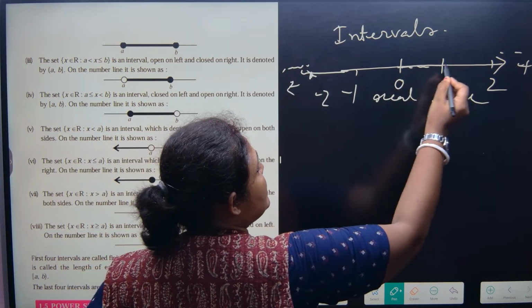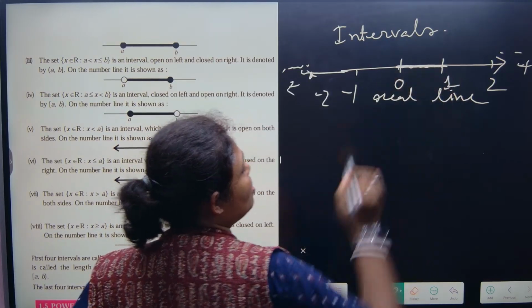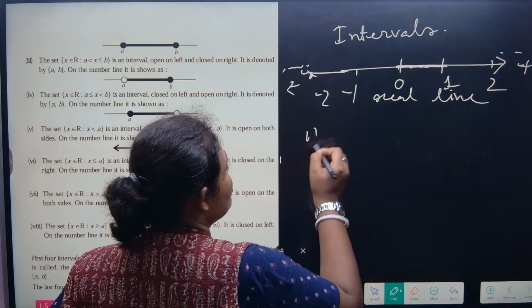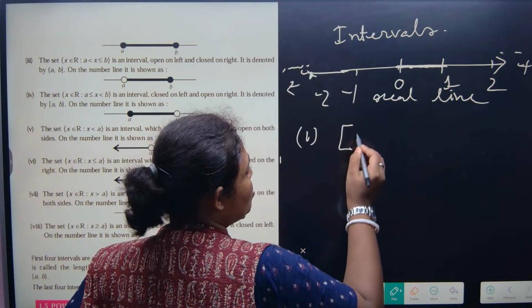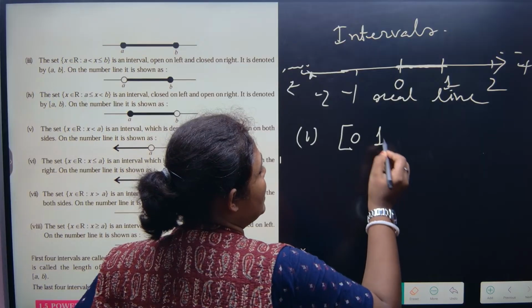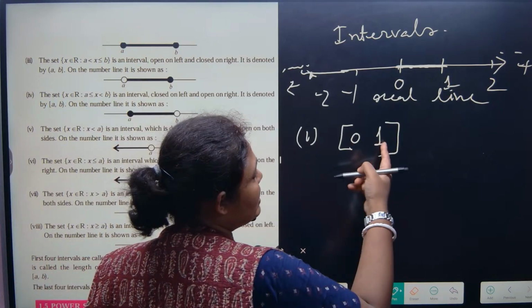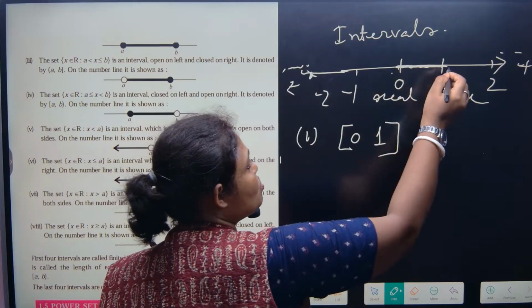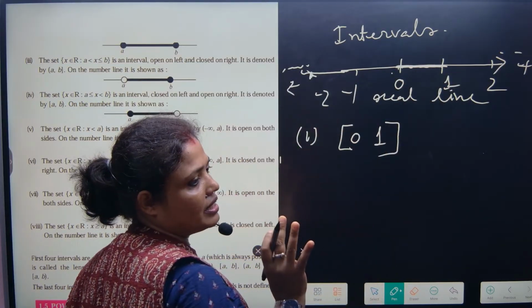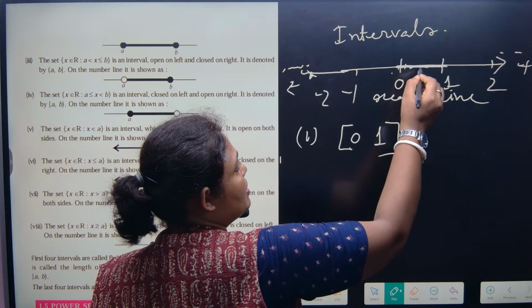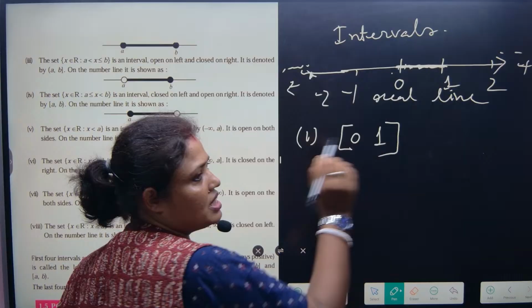If we consider this portion from 0 to 1, including 0 and including 1, each and every element within 0 and 1 belongs to this interval.